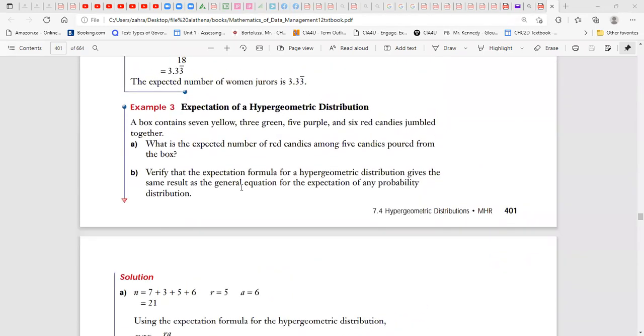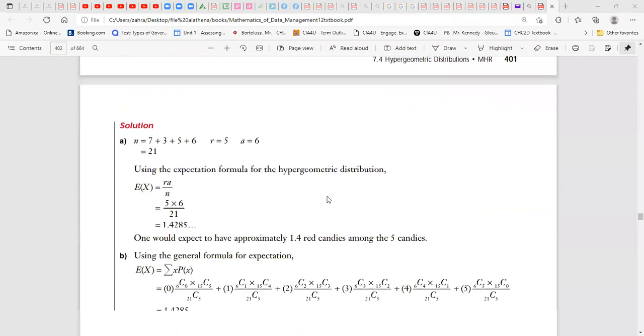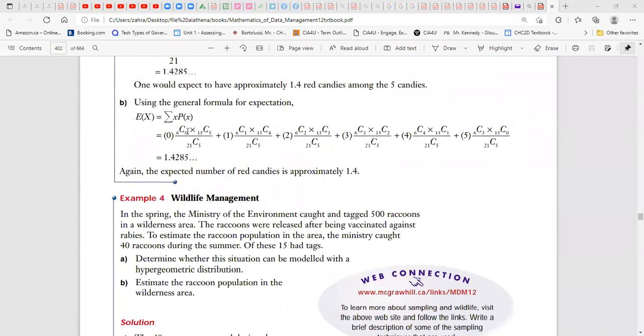If you want to use the other method to find the expectation of a hypergeometric distribution, you can try that. If you choose 0 red candies, we had a total of 6 red, 0 out of 6, and the 5 will be chosen from the rest of the candies, which is 15.